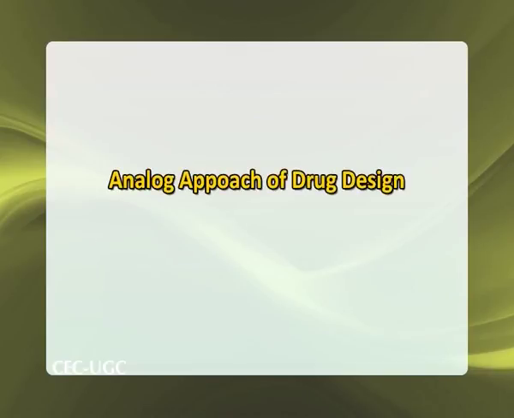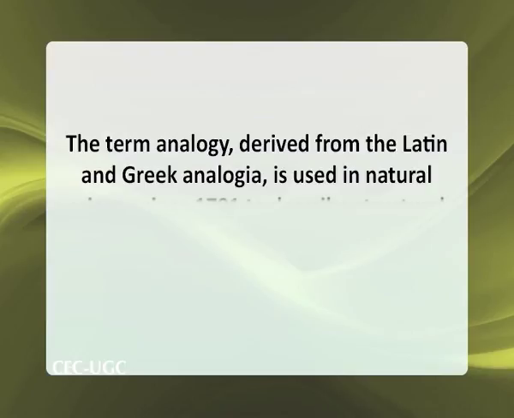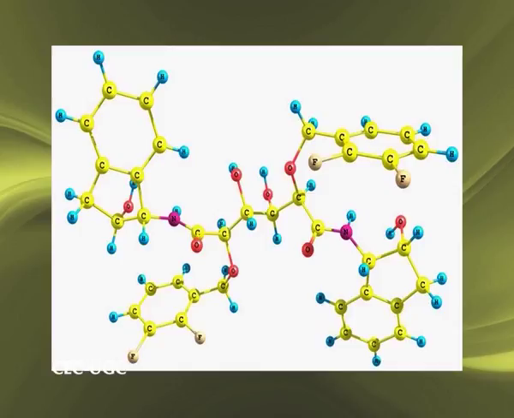Now, the analog approach of drug design. The term analogy, derived from the Latin and Greek analogy, is used in natural science since 1791 to describe structural and functional similarity. Extended to drugs, this definition implies that the analog of an existing drug molecule shares chemical and therapeutic similarities with the original compound.